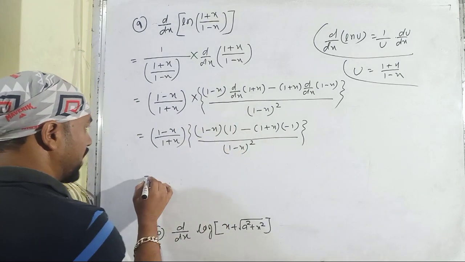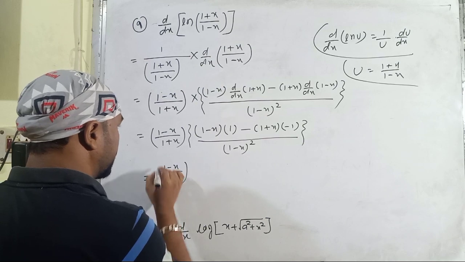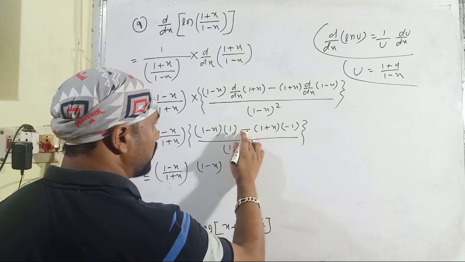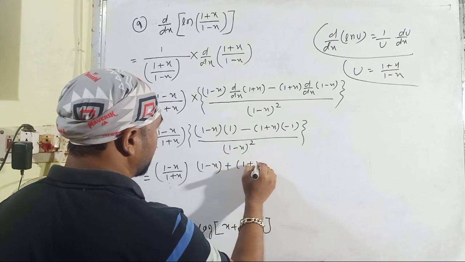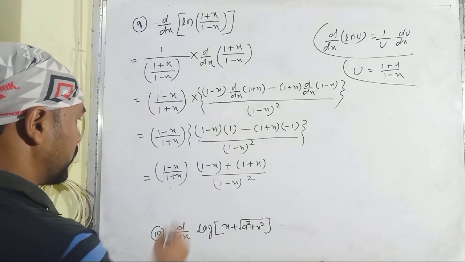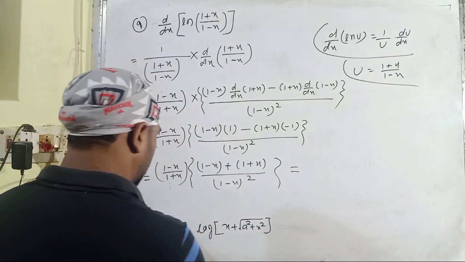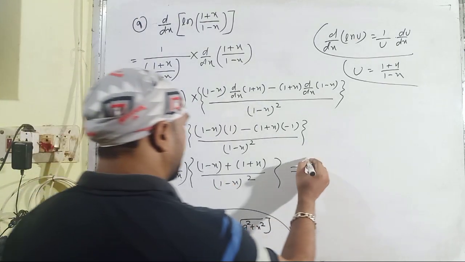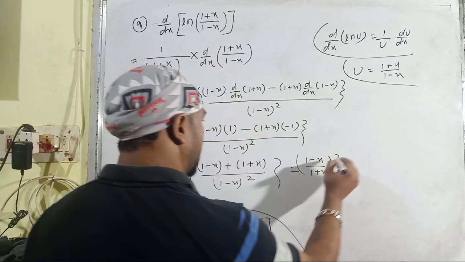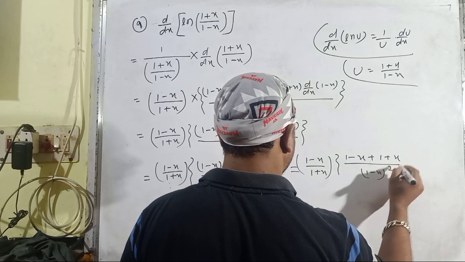Just simplifying, we have 1 minus x divided by 1 plus x multiplied with 1 minus x, minus minus is plus, so plus 1 plus x, divided by whole square of 1 minus x. So just solve it here. It will be 1 minus x divided by 1 plus x multiplied with 1 minus x plus 1 plus x, whole divided by whole square of 1 minus x.